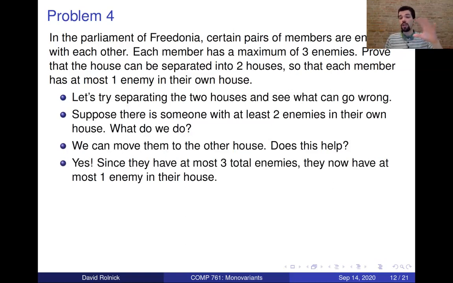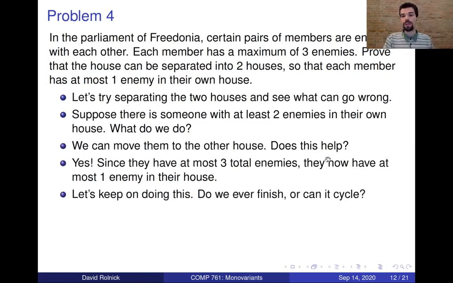But yeah, you could have messed up. Their enemy in the other house might now have gone over their limit. So we might have a problem. We can keep on doing this, but does this process finish? Can you fix it all, or could we loop back, could we keep on looping around? This does have connections to graph problems.